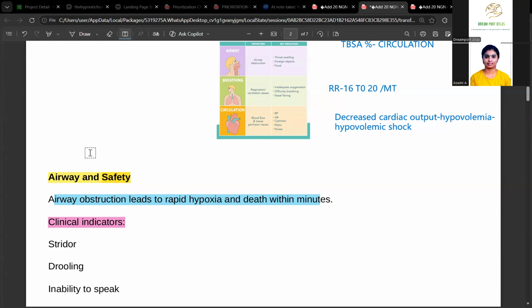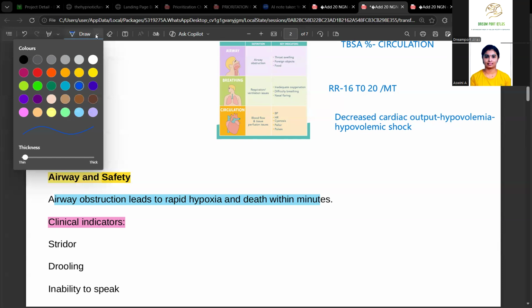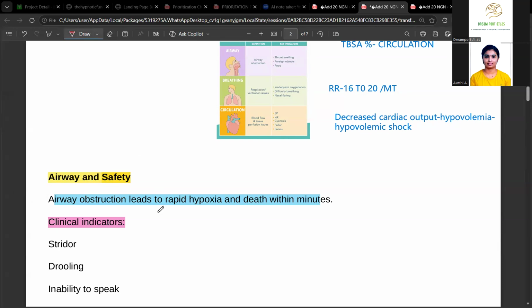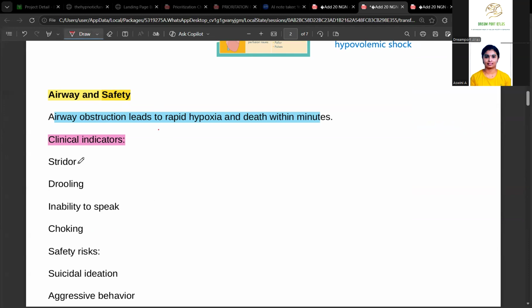What are the indicators? In the scenario, you need to understand whether the airway is obstructed or not. How can we understand that? By looking at the symptoms. One is stridor.